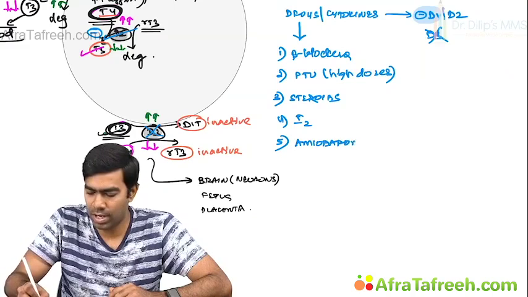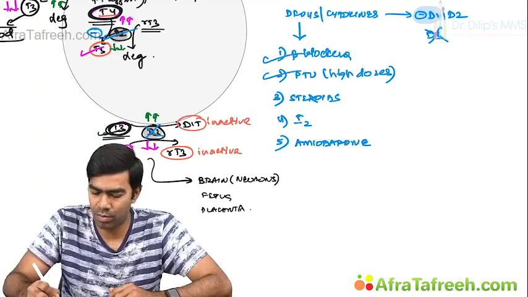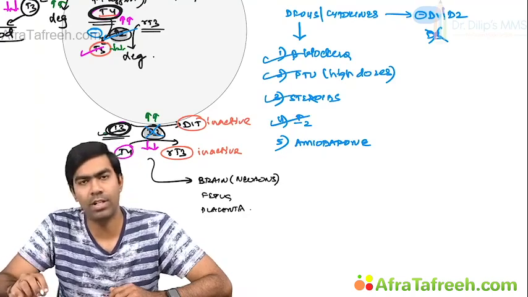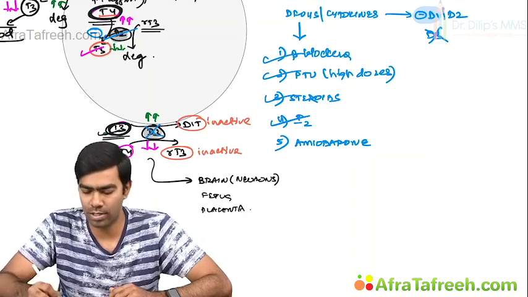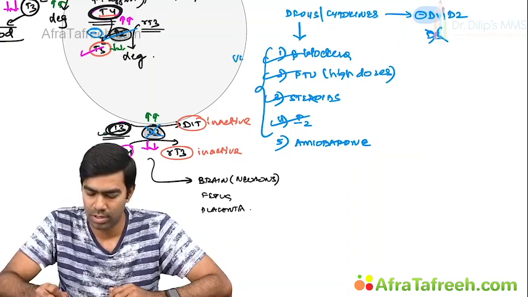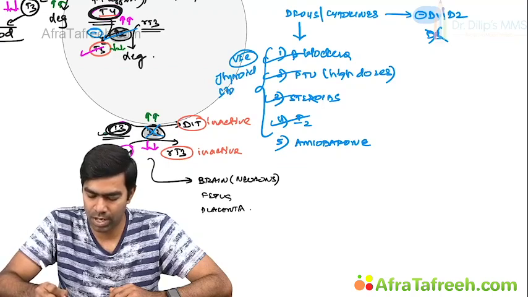Why I told amiodarone at the end is because the first 4 drugs, beta blockers, PTU, steroids, iodine, are all used in thyroid storm, which I'll tell you later on in the hyperthyroidism section. But amiodarone we don't typically use for thyroid storm. One of the major reasons why we use these 4 drugs in thyroid storm is to reduce the peripheral amounts of T3, because T3, even though the half-life is less, is a very, very active compound.